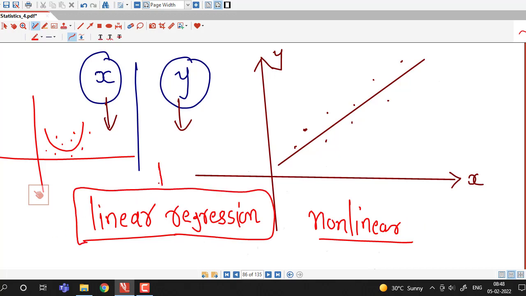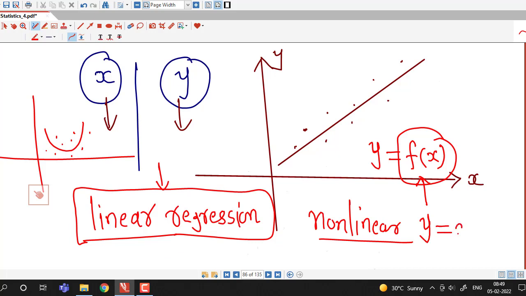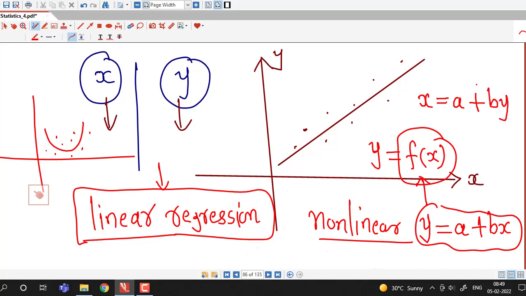In linear regression, the functional relationship between two variables will be y equal to f(x), where this f(x) is a linear function. So we can estimate the value of one variable from the other variable using the equation of a straight line, which we know as y equal to a plus bx, where a and b are constants, or we can write x equal to a plus by.